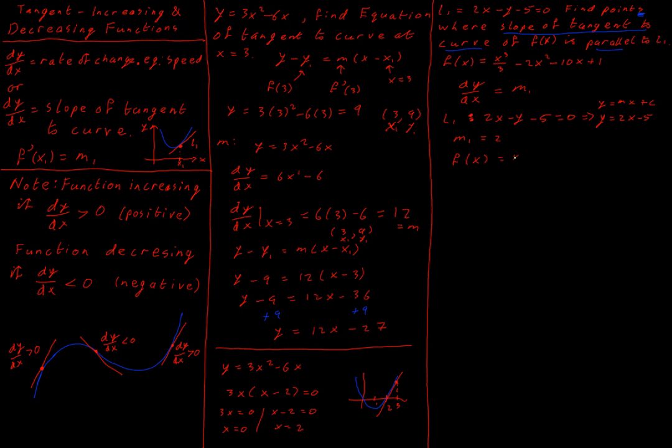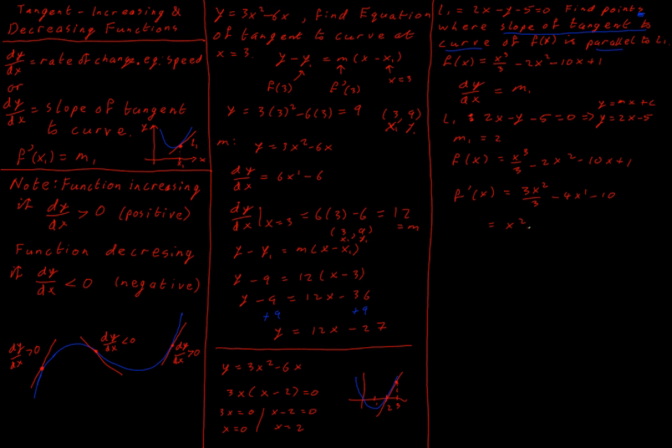Write down the function we're going to get the derivative of. I've written it in function notation this time, so I multiply by the power and subtract 1 from the power. Minus 4x to the power 1 minus 10, and the derivative of a constant is 0.